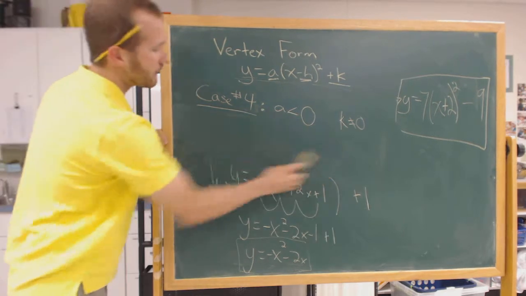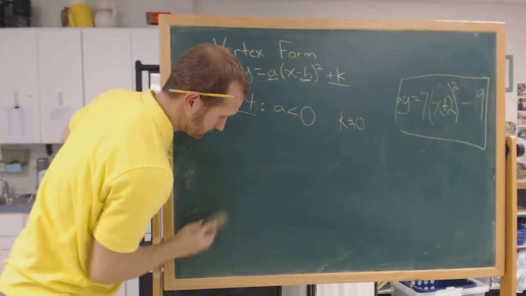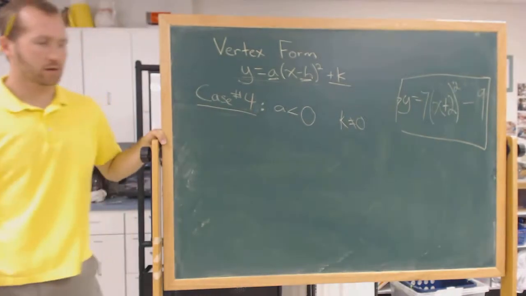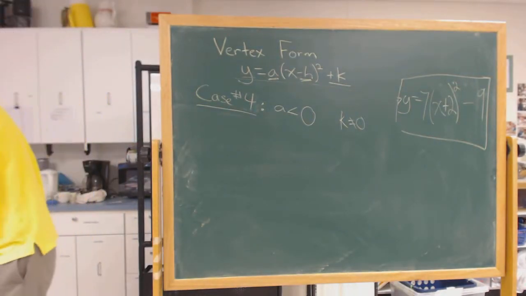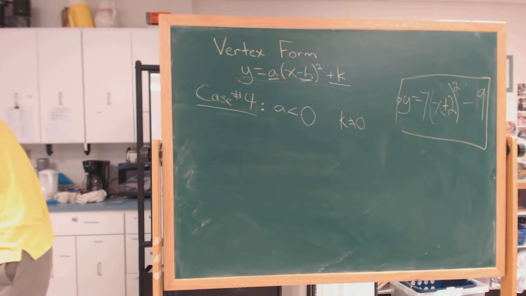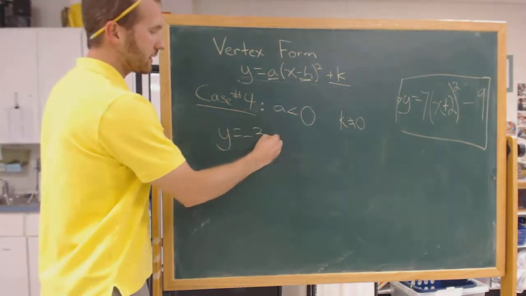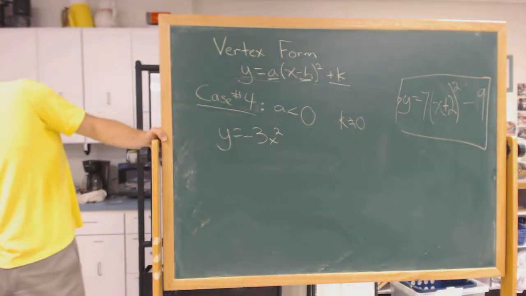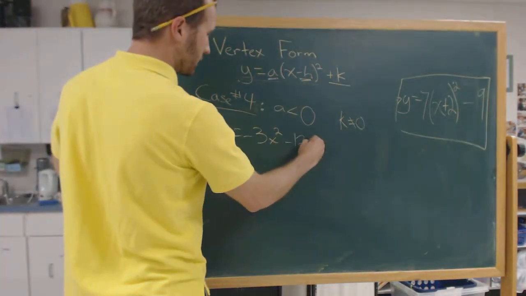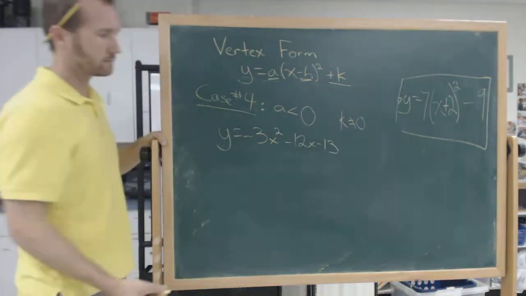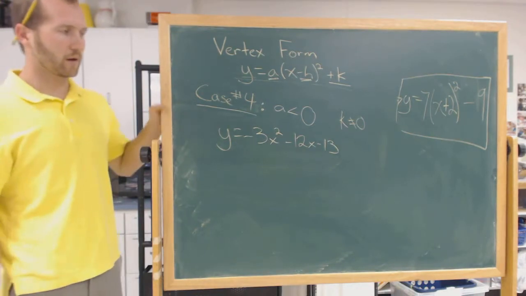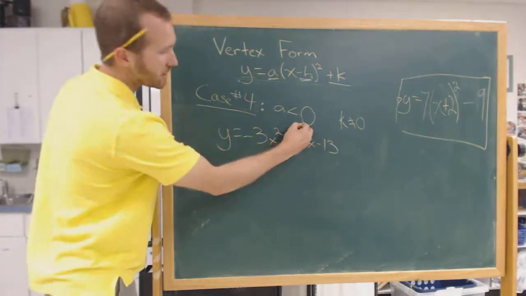Okay, let's go the other way. Standard form to vertex form. Y equals negative 3x squared minus 12x minus 13. Alright. Remember, I'm going to focus just on this part.